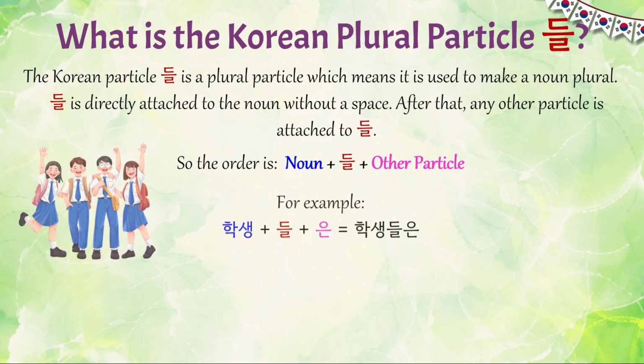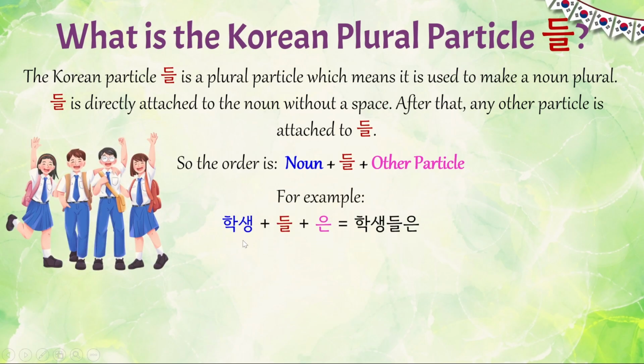For example, the noun is student, 학생, students, plural, 학생들. Now when you're talking about students as the subject or the topic in the sentence, then it is 학생들은. The topic marker is attached to 학생들.